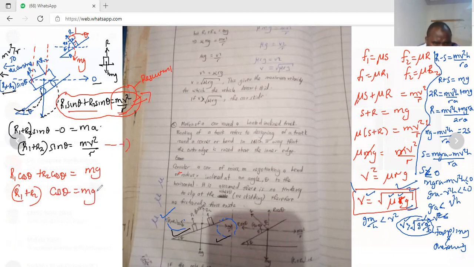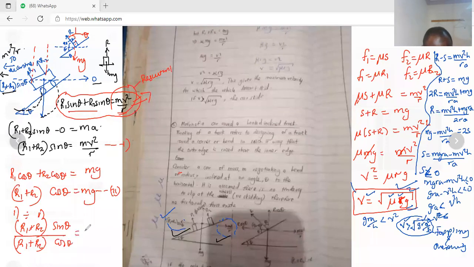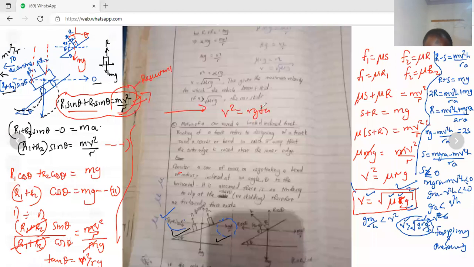If this is equation 1 and this is equation 2, that is, if there is no tendency to slip or skid, then dividing equation 1 by equation 2, you get R1 plus R2 of sine theta over R1 plus R2 of cos theta, which is equal to mv squared over R divided by mg. When you cancel the mg and cancel the common factors, you get tan theta is equal to v squared over rg. Do you realize that this equation reduces to v squared is equal to rg tan theta?